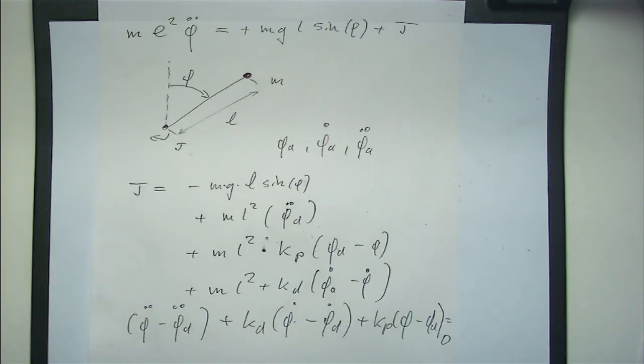We know that we can easily choose kd and kp to get some form of performance, and we now have our closed loop system in the dynamic variable of phi minus phi d, and its derivatives. Okay.